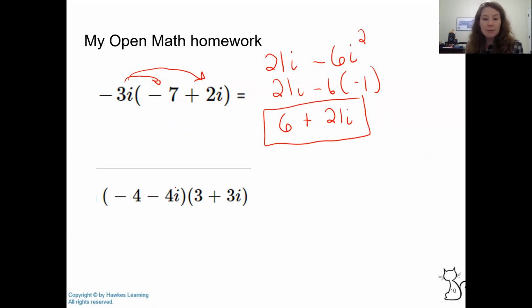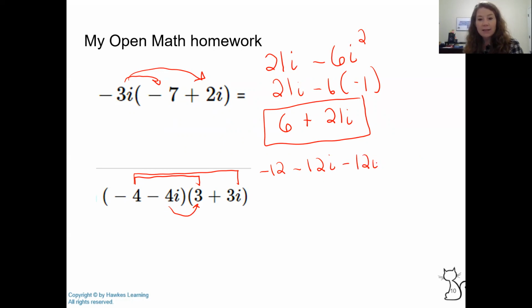All right, on this problem here, we're going to FOIL it. So we're going to multiply negative 4 times 3 and get negative 12. We're going to do the outside terms. Negative 4 times 3i is negative 12i. Our two inside terms, negative 4i times 3 is negative 12i. And then finally, negative 4i times 3i is negative 12i squared. All right, so now we're going to combine like terms.